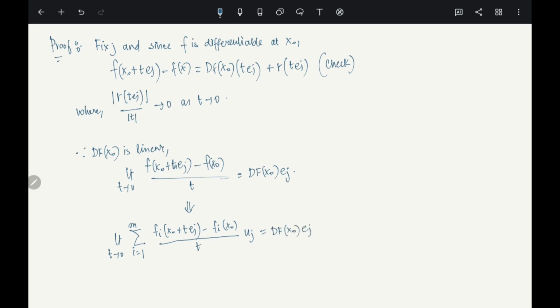Clear? So breaking it into components, one gets this, which is nothing but our assumption. So you do realize what I am trying to say: although it is a derivative, it is nothing but a matrix. Clear?